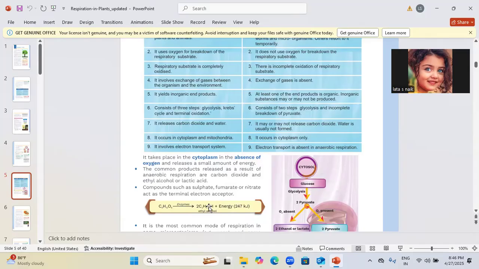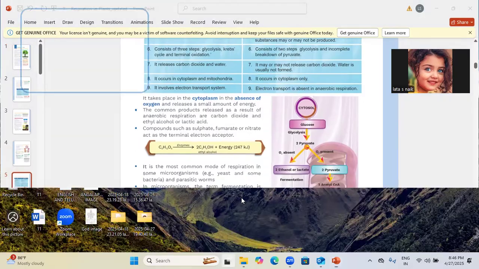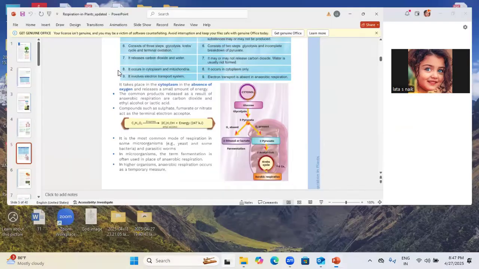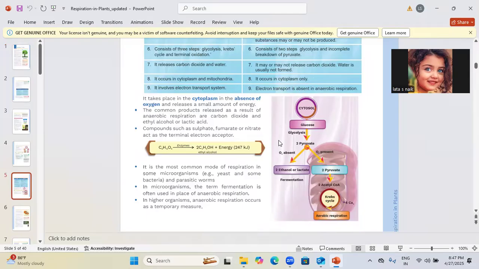So we'll see in the future section how the chemical reaction takes place. Compounds such as sulfate, fumarate, and nitrate act as terminal electron acceptors. So this is just a brief cycle to show how the glycolysis and anaerobic formation of pyruvate is taking place in anaerobic respiration.